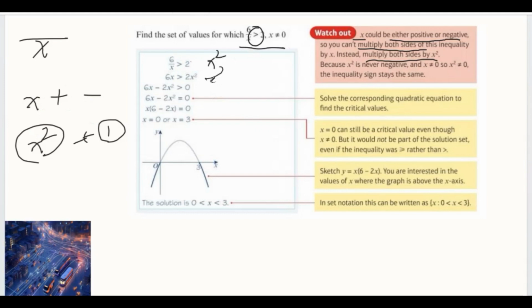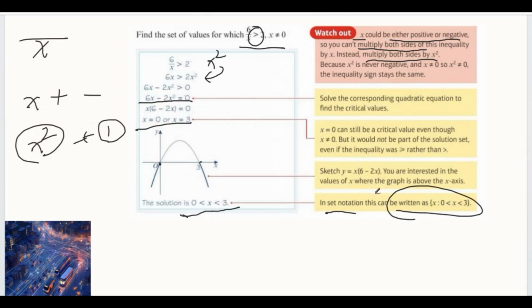The result is 6x greater than 2x squared, and we put everything on the right-hand side and solve this quadratic to find the critical values 0 and 3, then find the range where it is negative. So the final solution will be x greater than 0 and less than 3. Easy, right? And the set notation will be written like here.